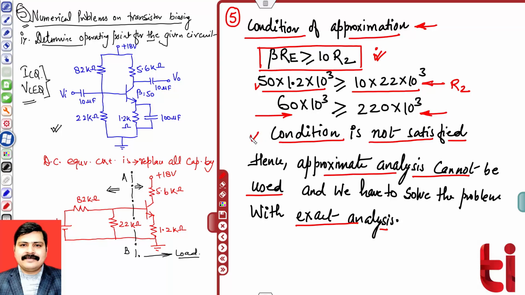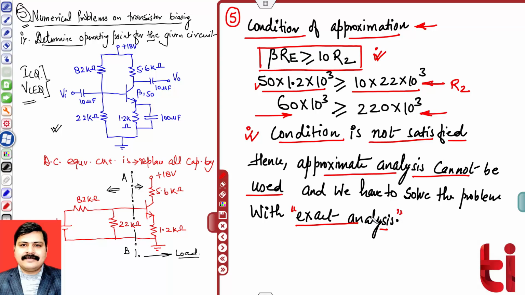As my condition of approximation is not satisfied, we cannot solve this problem with the help of approximate analysis. We are bound to solve this problem with exact analysis only.